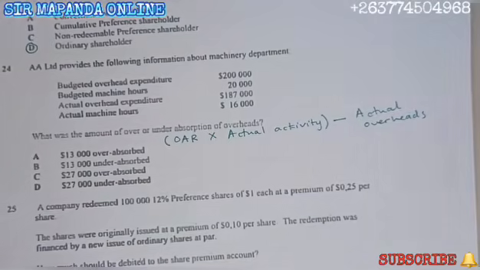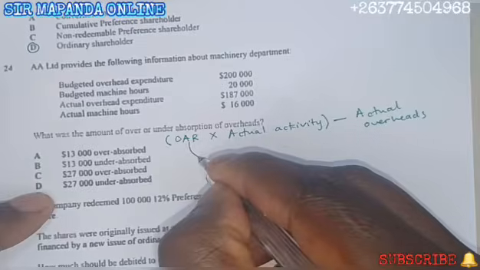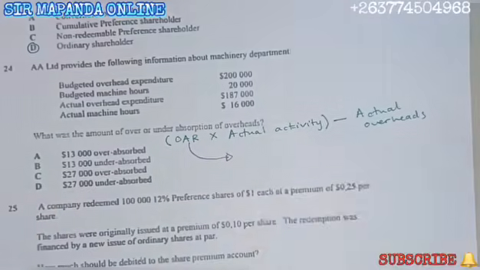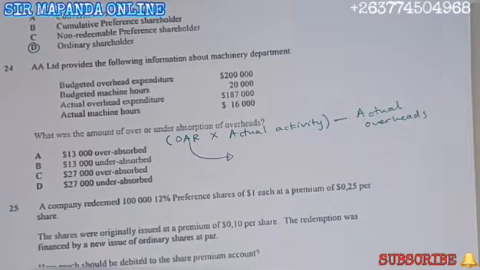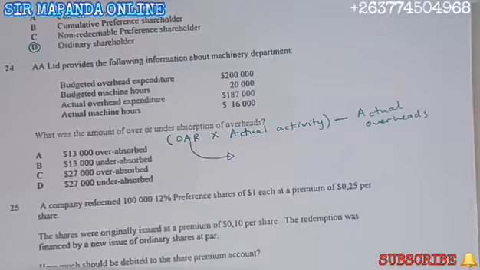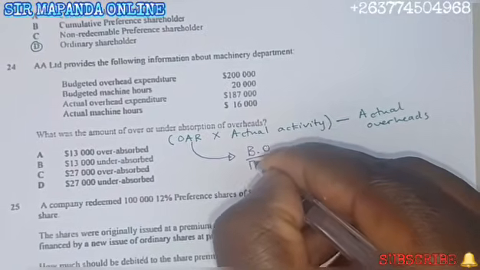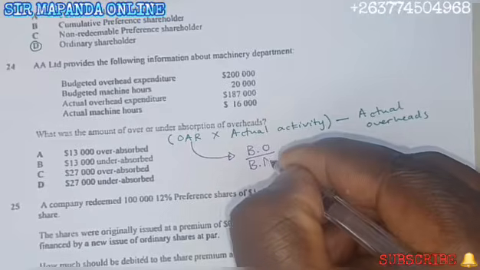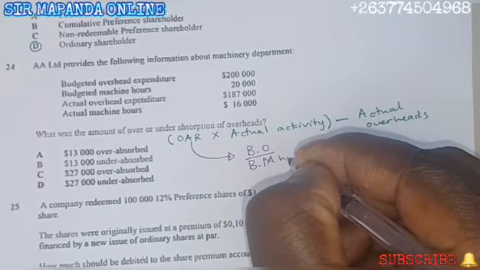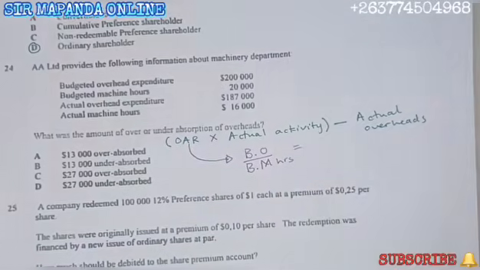So how do you calculate the OAR, the overhead absorption rate? OAR, or the overhead absorption rate, is calculated using budgeted information only. So it means you are saying budgeted overheads divided by budgeted machine hours. I hope you are following.